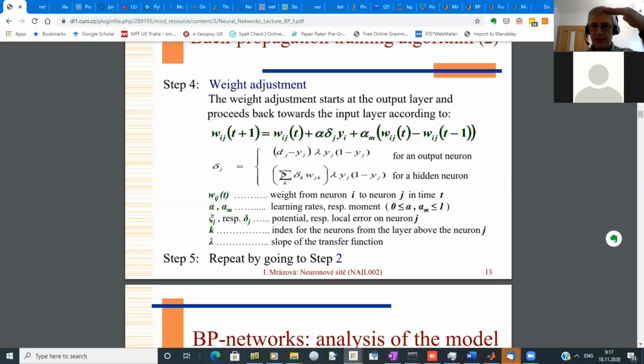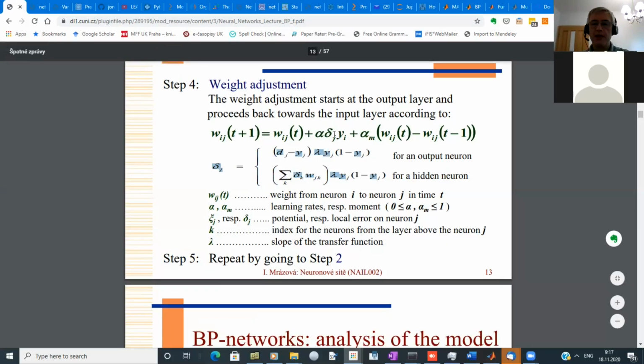It starts at the output layer and computes the delta terms for the output neurons. Then it uses this delta term to update all the weights between the last hidden layer and the output layer using this formula.